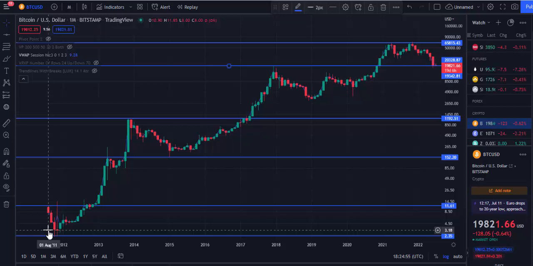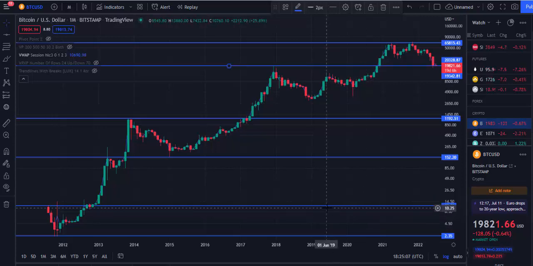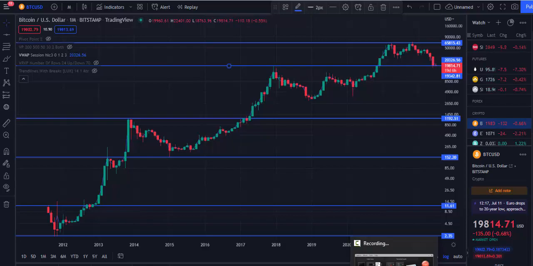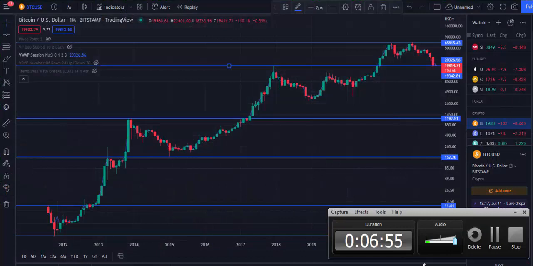Should you also expect that the coin is going to dump further? Those are the things we are taking a look at right now, and that is very, very important. We are trying to see how these things are being done.